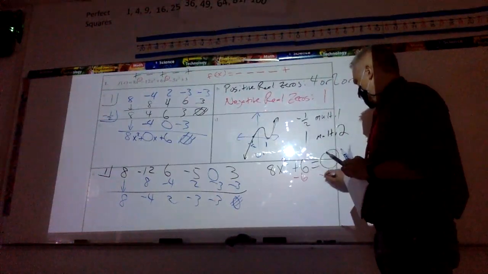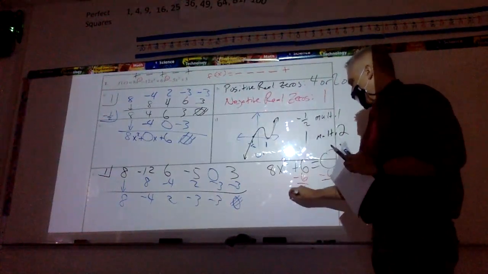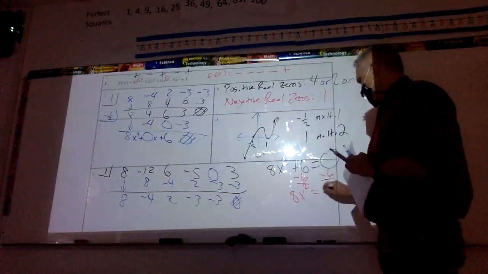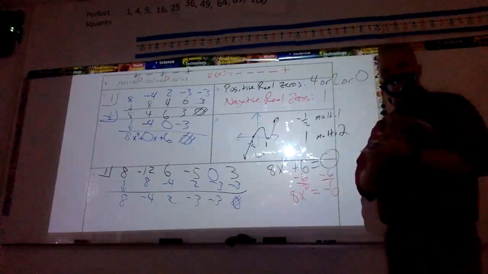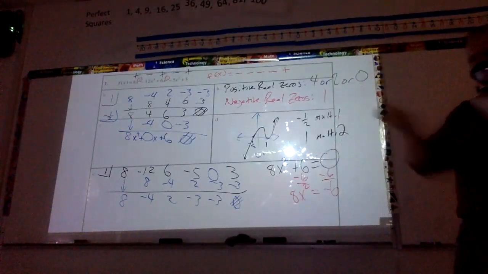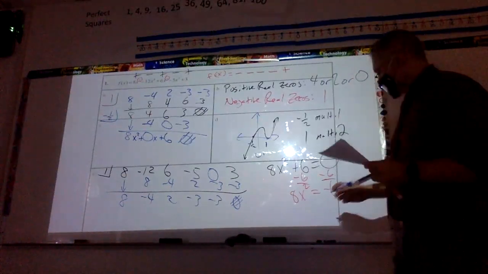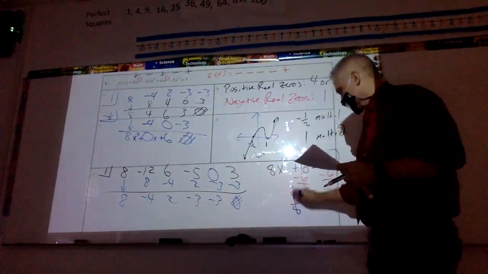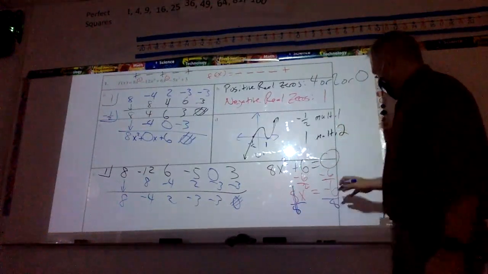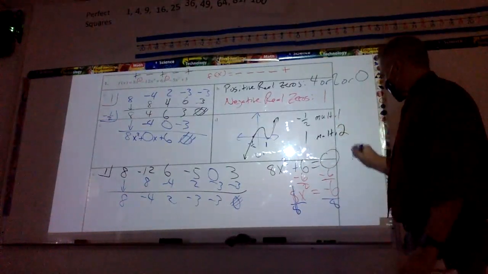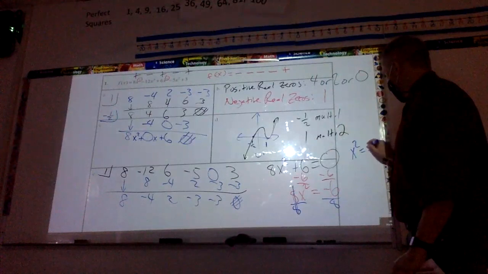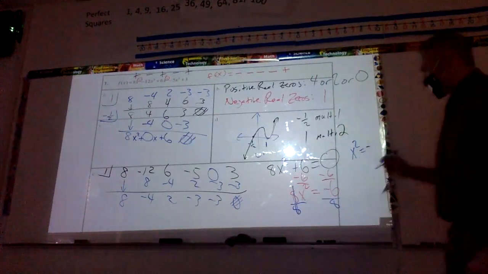Minus 6. So I get 8x squared equals negative 6. Next step, divide by 8. So I've got x squared equals negative 6 over 8. I'm going to reduce that to 3/4.